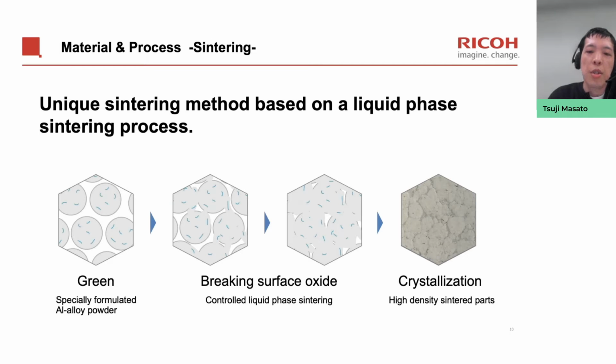As the left image shows, first we create green bodies with specially formulated aluminum alloy powders and control the amount of liquid phase to break the surface oxide. Finally, we can obtain high density sintered parts. This right picture shows there are almost no voids.